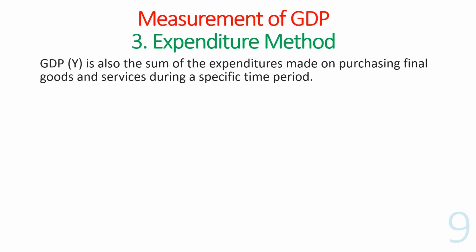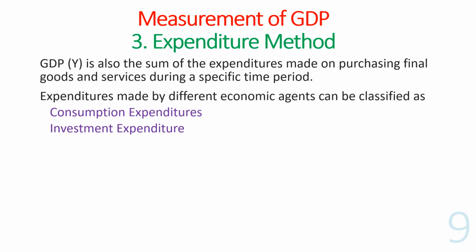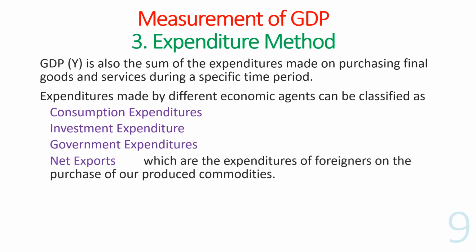Expenditures made by different economic agents can be classified as consumption expenditure, investment expenditure, government expenditures, and net exports, which are the expenditures of foreigners on the purchase of our produced commodities. So, adding up all the expenditures gives us the value of GDP.